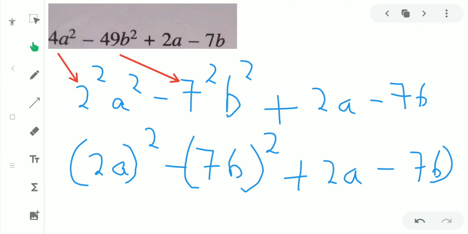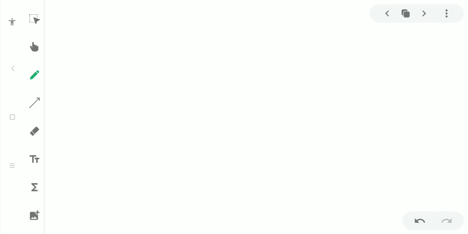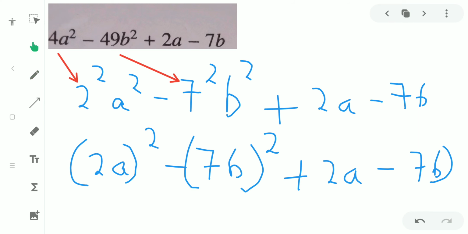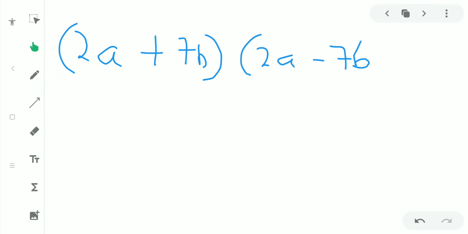So that is 2a plus 7b times 2a minus 7b plus 2a minus 7b. I am writing the remaining part as it is.